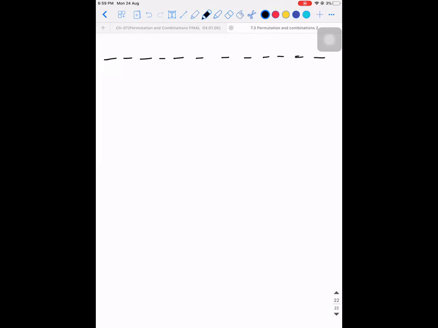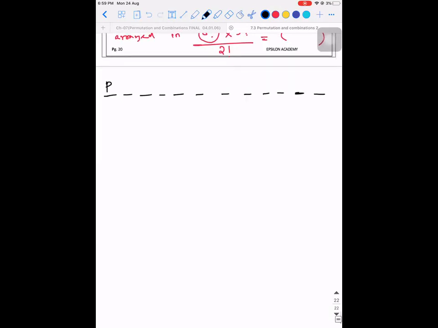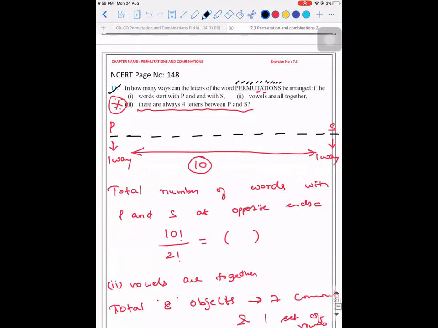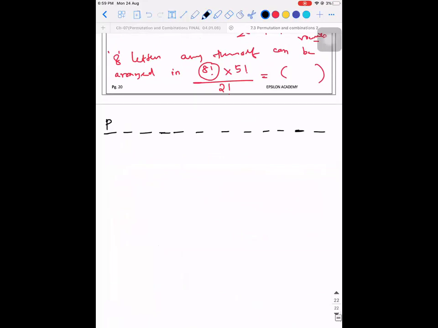So in those 12, what they are trying to say is, if I place P here, then I need to place S after how many positions? There are always 4 letters between P and S. So if P is here, 1, 2, 3, 4, I need to place S here.